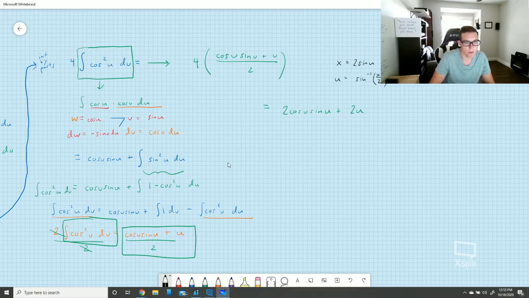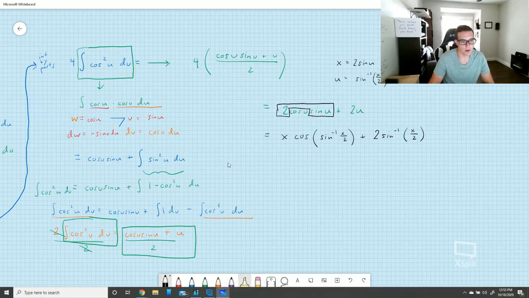Well, first, before we make it worse for ourselves, look at this. 2 sine u, I can rewrite that as x. Cosine u, I'm going to have to do it as cosine of arc sine x over 2. And then plus 2u, which is arc sine x over 2.